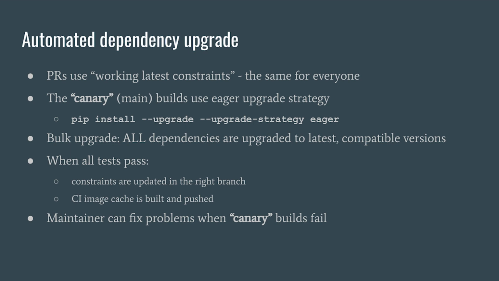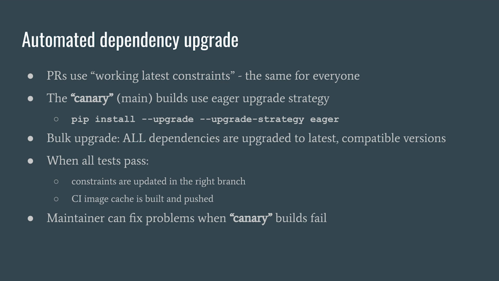Our CI build has a canary build in main: whenever we merge code, it tries to upgrade all those dependencies automatically and run all the tests. If the tests succeed, it says, okay, these new dependencies which got upgraded automatically are a new set of constraints, and I'm pushing the new set. They will be used from now on, but only after all the tests pass.